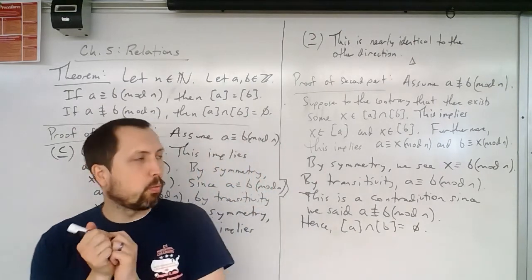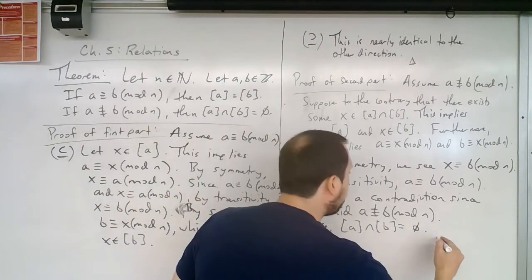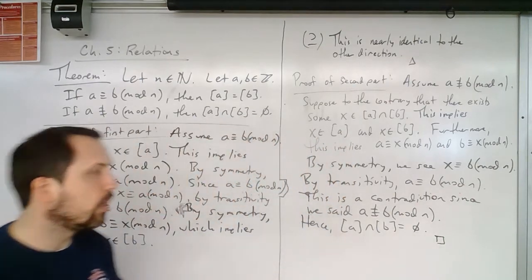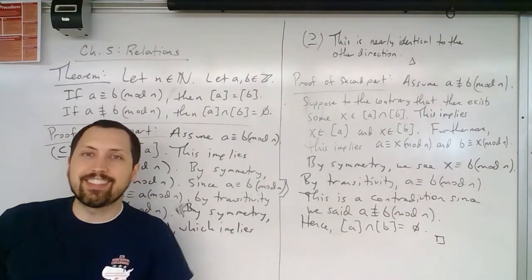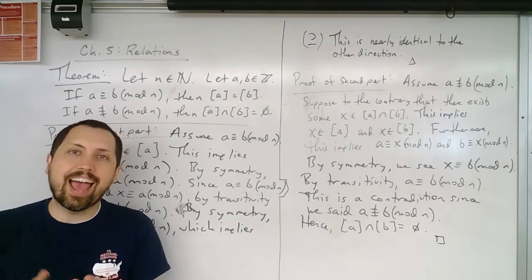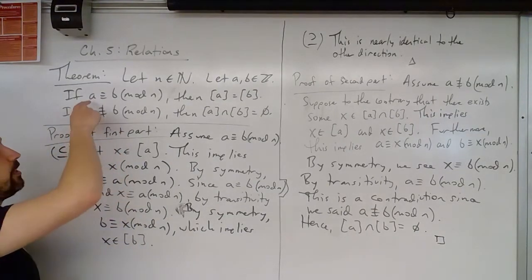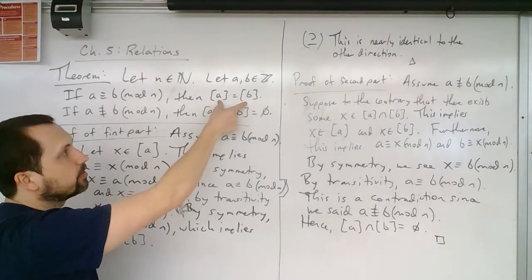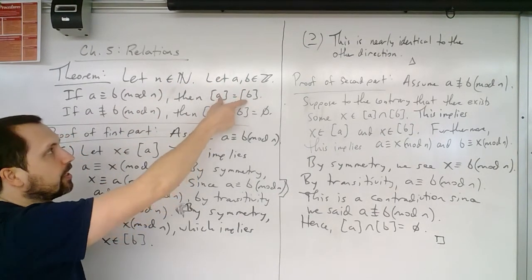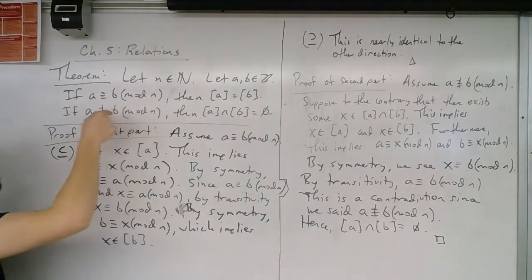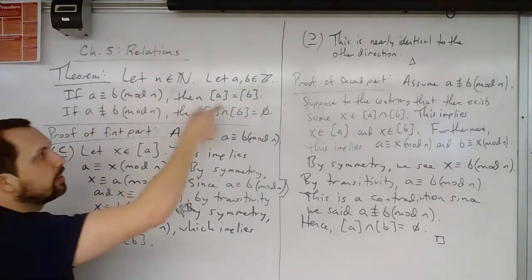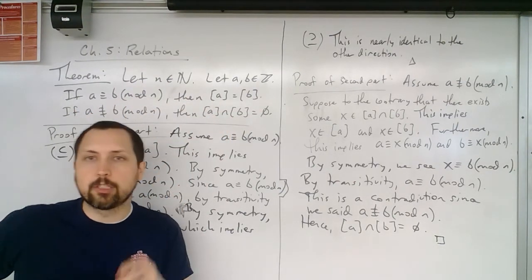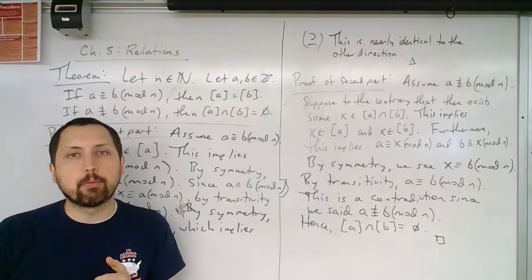So that means that there was no element there to begin with, and now that concludes our proof of both of these statements. So for a general n, we have that if these two numbers are equivalent to each other mod n, then their equivalence classes, or the relation classes, are the same. If they're not equivalent, then these relation classes are going to be distinct, that there's nothing in common with both of those.